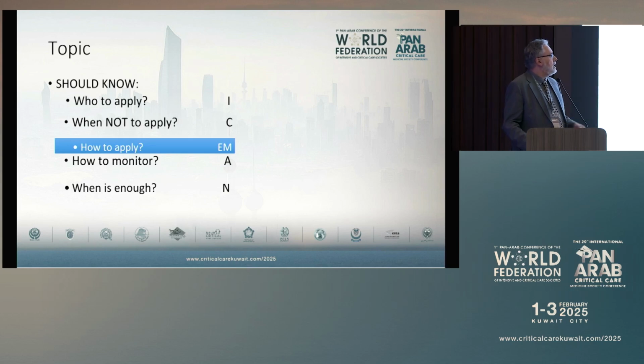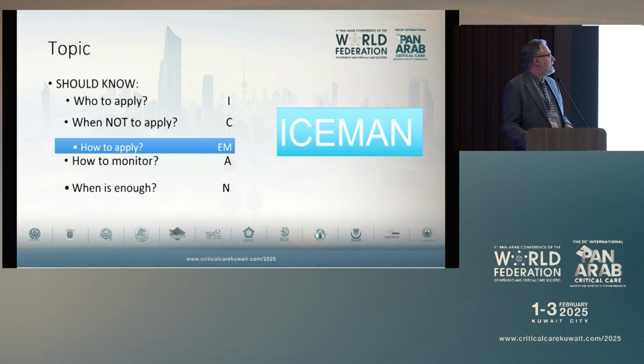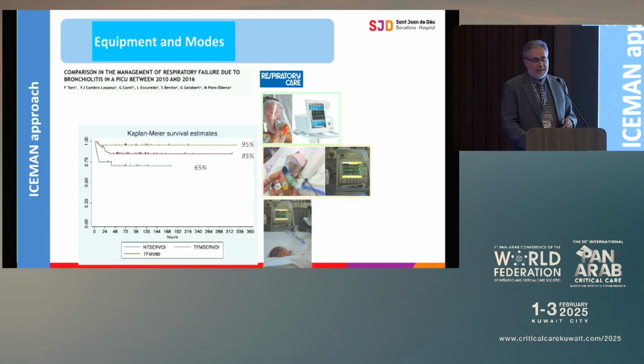Let's move on. We are not going to see the contraindications because the red lines are usually clear. How to apply this, the equipment. We have some bench studies and some clinical studies showing that there is no difference between the ventilators.